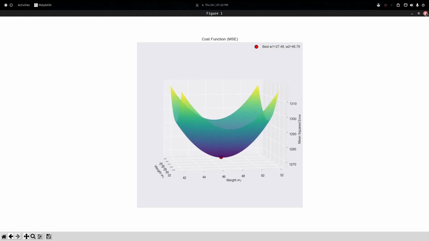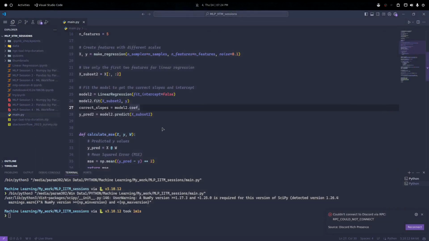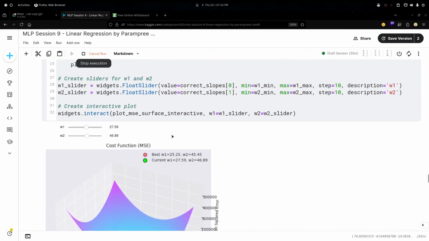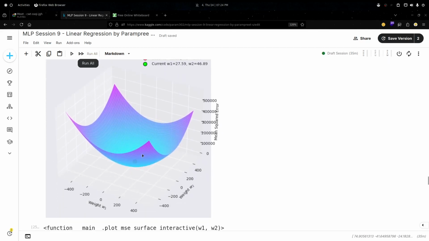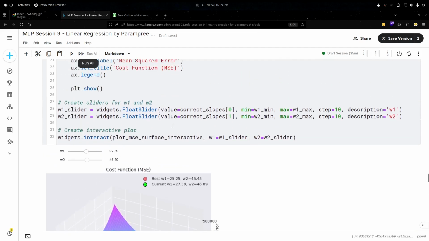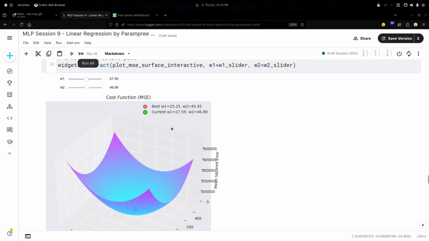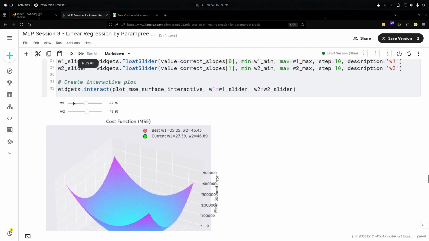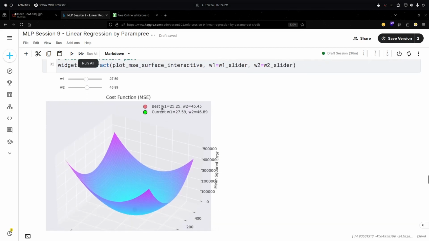I also have one more plot, which is here. This is the same plot, just in a different color palette. What I have here are two sliders, w1 and w2. These are two different weights, and we have two scatter points, red and green.